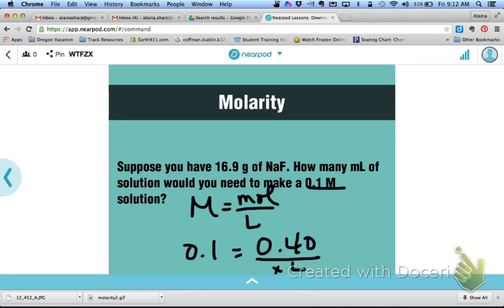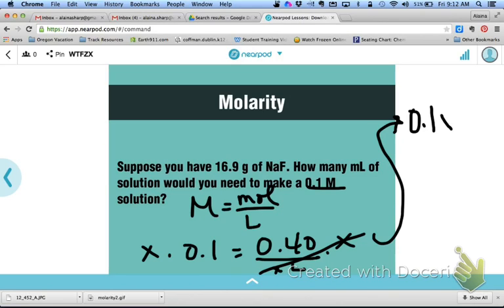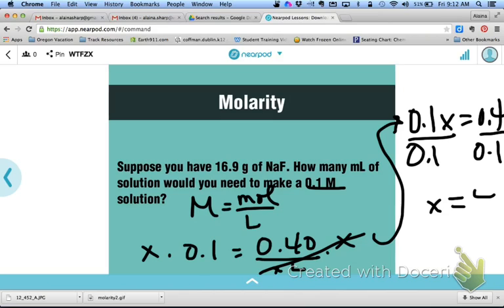And so to do that, I'm going to multiply both sides by x. So now I have 0.1x equals 0.4. And then I'm going to divide each side by 0.1. And that's going to give me x equals 4.